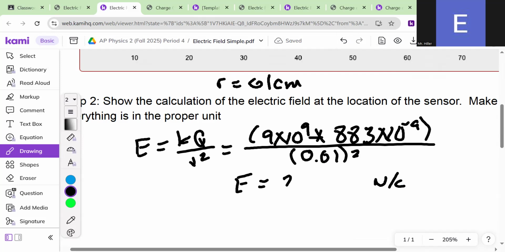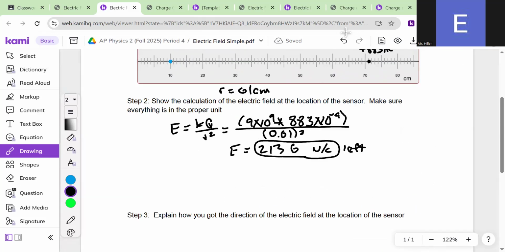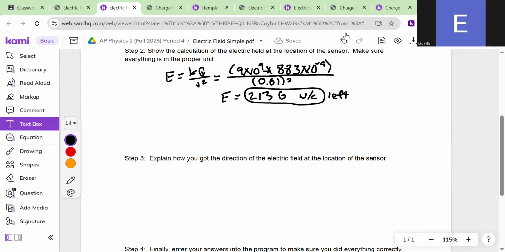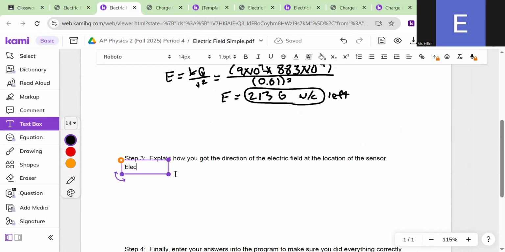Okay, I got 2135.7 or 2136 newtons per coulomb to the left. Okay. Step 3, explain how we got the direction of the electric field. Well, again, electric field lines are directed outward, away from positive charges.